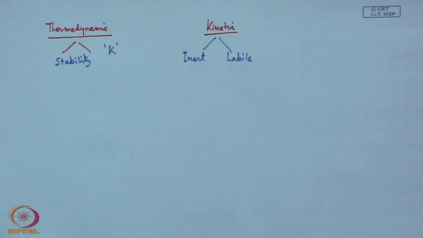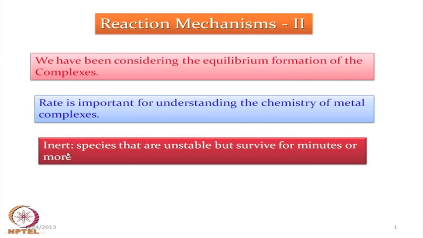So, we find that when we talk about a particular compound as the inert complex, which is a particular metal ligand assembly or species that are unstable, but survive for minutes or more. If in solution a transient species is formed and has some survival time of a minute or more, we can consider that particular compound is inert.